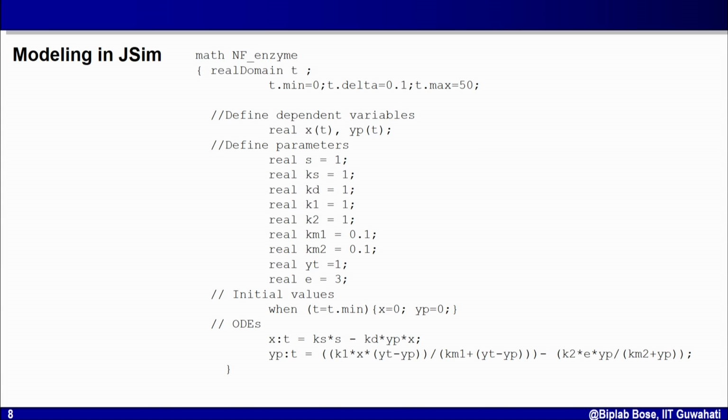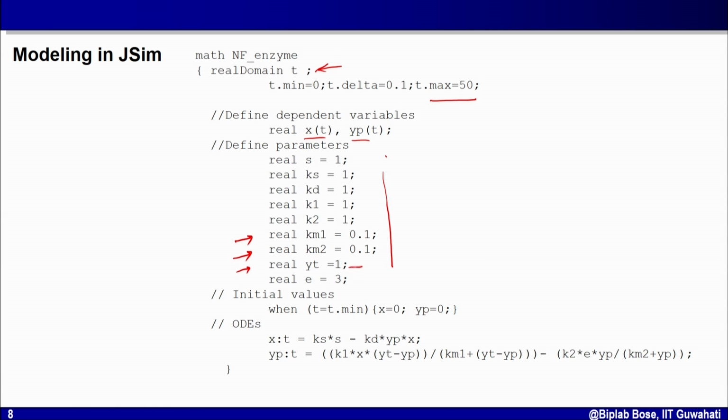As usual, this code has multiple segments. The first one is obviously declaring the time, how long you want to simulate. I want to simulate it for 50 time steps. I have two dependent variables here, yp and x, and then I have all the parameters. Remember, these parameters km1, km2 and yt will be critical.